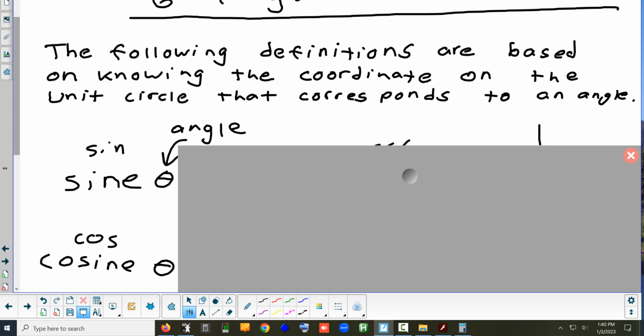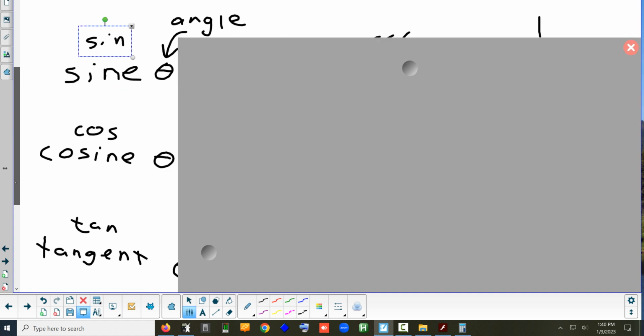Okay, for each trig function, I will write it out the long way, but most of the time we use a 3-letter abbreviation for it. So from now on, I'm just going to write 3 letters. The first trig function is sine, abbreviated SIN. The next one is cosine, abbreviated COS.